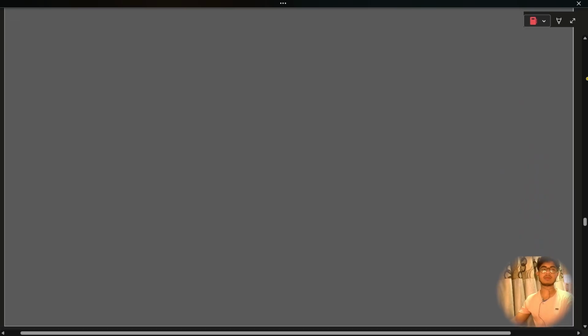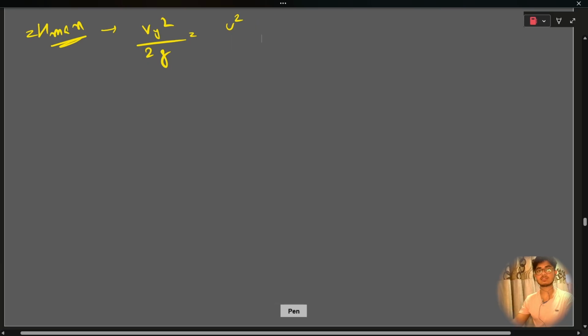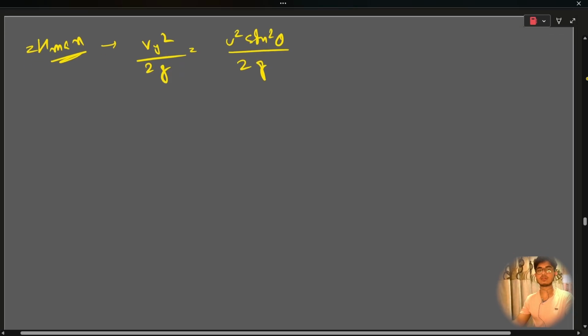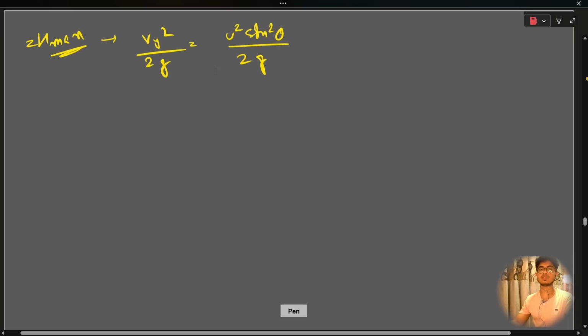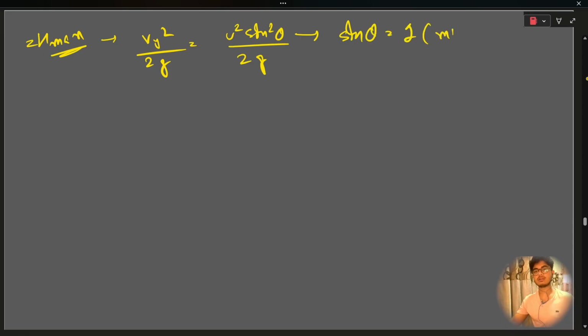We talk about the maximum height. H max is nothing but Uy square by 2g, or U sin square theta by 2g. Now here also sin is in the numerator, so the maximum value of sin is 1. If this value is 1, then the height is the maximum.